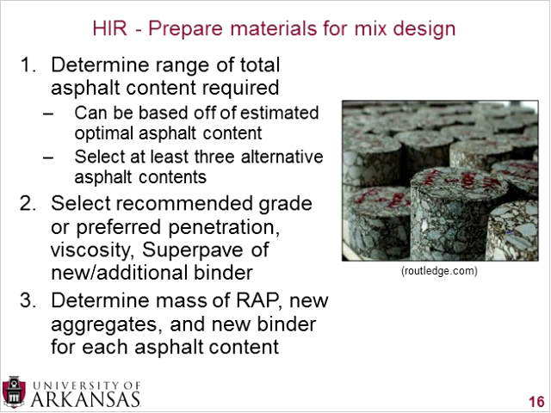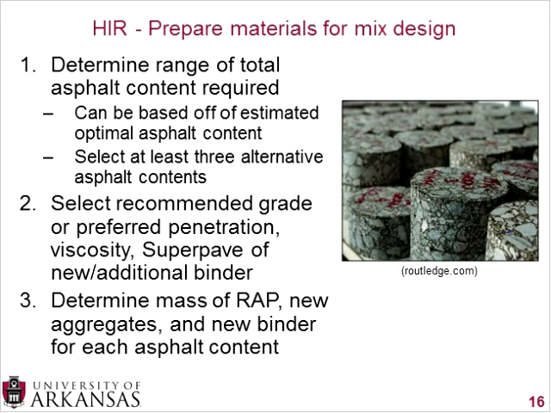After you've done that, you can select your recommended grade or preferred penetration, viscosity, and Superpave grade of either your new or any additional binder that you're adding. So if you're going to be using an emulsion, then you'll need to take the residue of that emulsion and figure out what grade you have there.